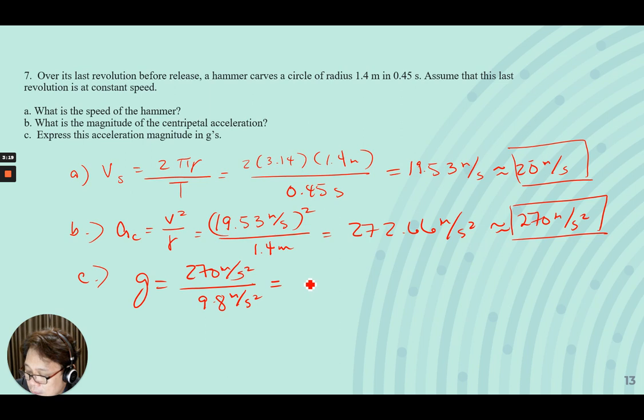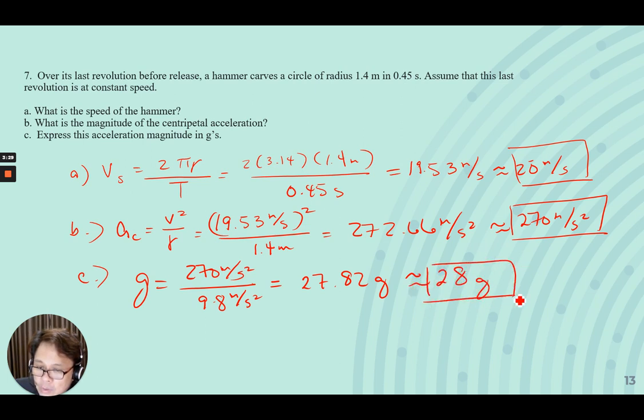That will give us 27.82 G. Okay, so round this off, you get 28 G. Okay, so ibig sabihin, 28 times 9.8, you will get 270. Okay, somewhere near that value. Let's go to the next problem.